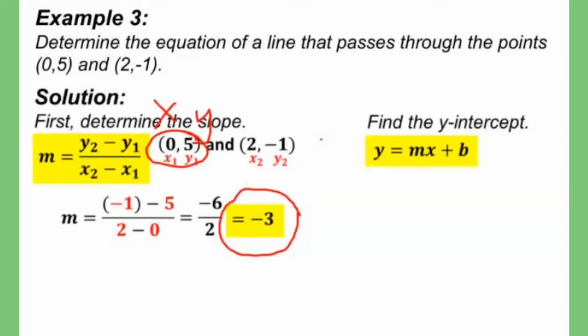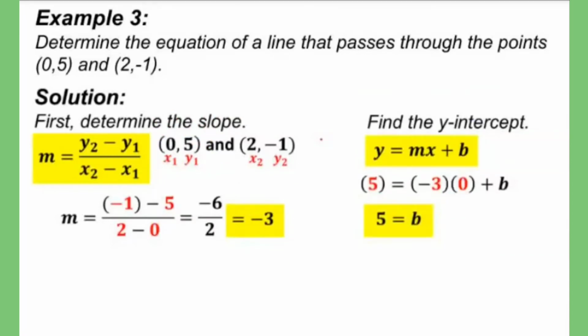By substitution, we will now have 5 equals negative 3 times 0 plus b. Simplifying our equation on the right side, negative 3 times 0 is equal to 0. And 0 plus b is equal to b. Therefore, we have 5 is equal to b.